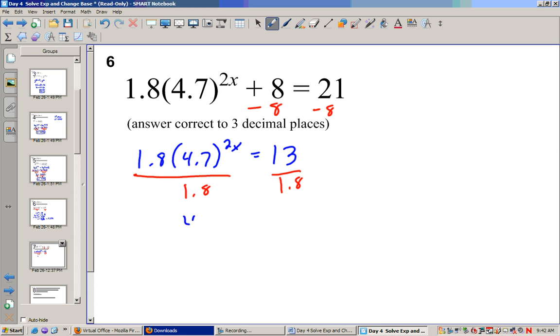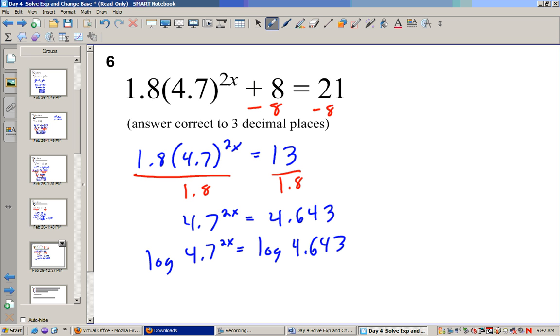So I have 4.7 to the 2x is equal to 13 divided by 2.8, which is 4.643. Now I'll take the log of both sides. So I have the log of 4.7 to the 2x is equal to log of 4.643. Now I'll pull that 2x out in front.